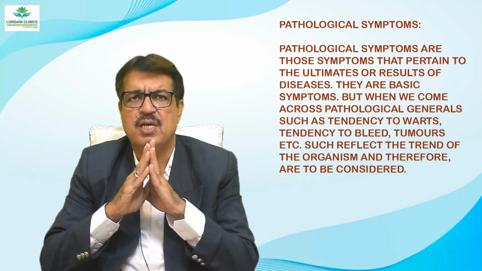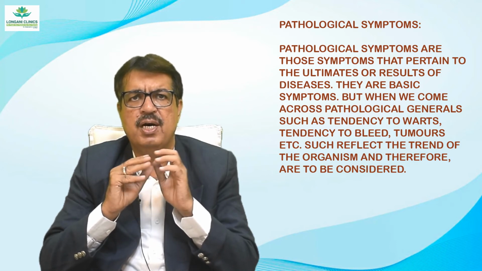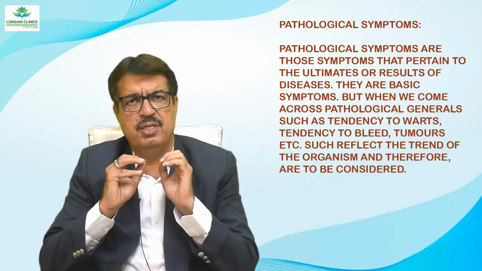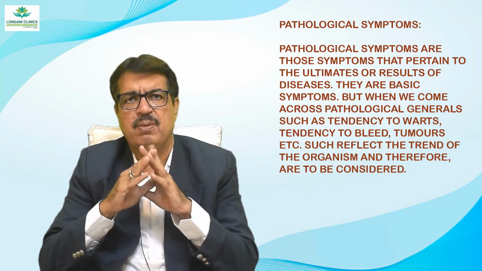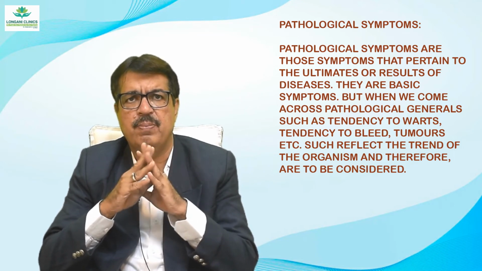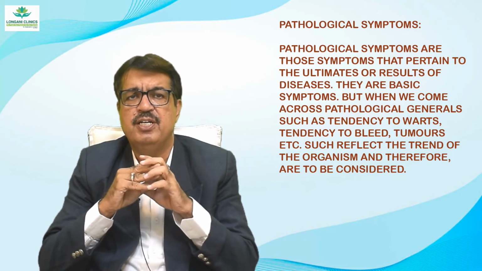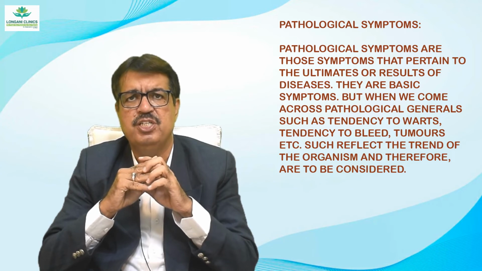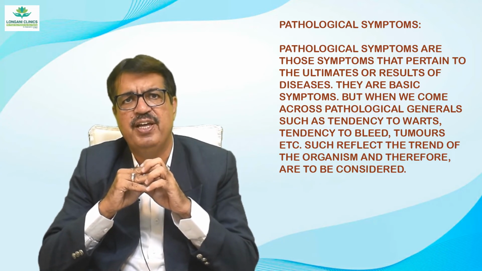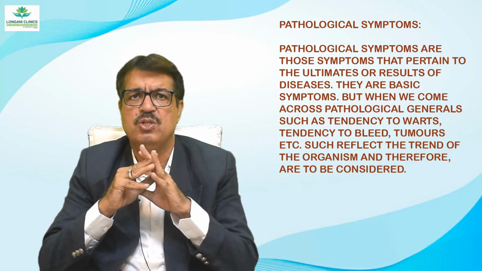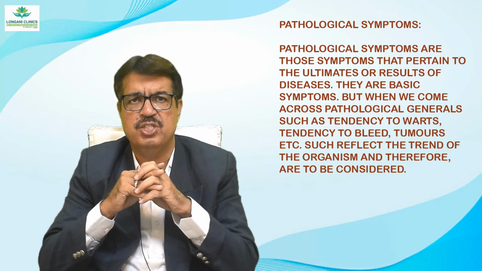Now we will see pathological symptoms. Pathological symptoms are those symptoms that pertain to the ultimates or results of diseases. They are basic symptoms, but when we come across pathological generals such as tendency to warts, tendency to bleed, tumors, etc., such reflect the trend of the organism and therefore are to be considered.